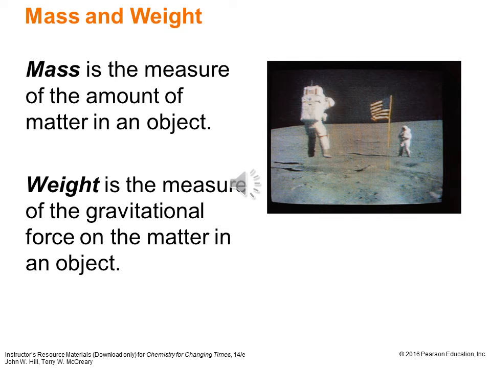So mass and weight tend to be a problem, especially for those of us in the U.S. Mass is the measure of the amount of matter in an object, and weight is the measure of the gravitational force on the matter in the object. So mass has certain units, the kilogram being the fundamental unit, and you may know your mass in kilograms.